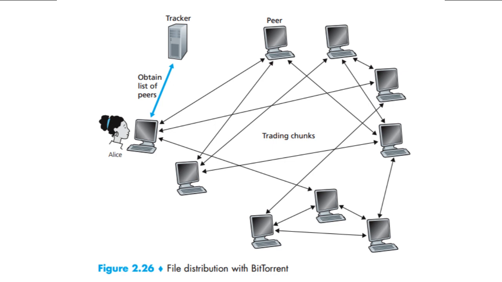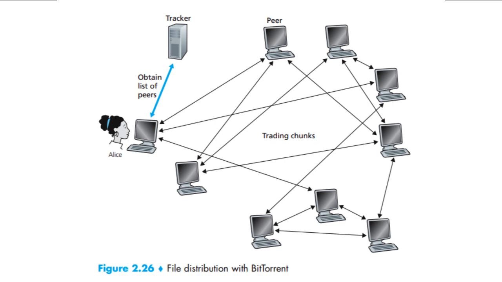In BitTorrent lingo, these four peers are said to be unchoked. Importantly, every 30 seconds, she also picks one additional neighbor at random and sends it chunks. Let's call the randomly chosen peer Bob. In BitTorrent lingo, Bob is said to be optimistically unchoked. Because Alice is sending data to Bob, she may become one of Bob's top four uploaders, in which case Bob would start to send data to Alice.